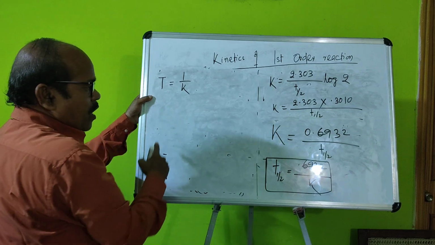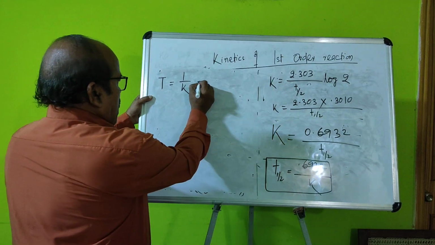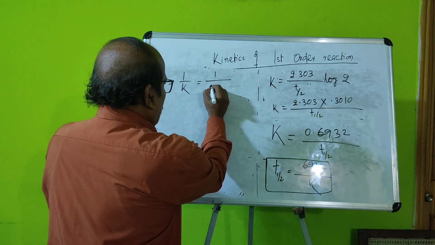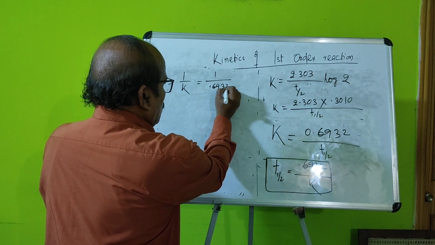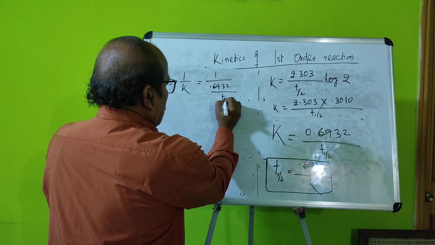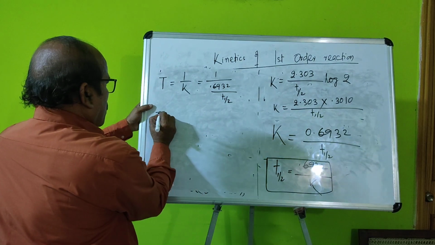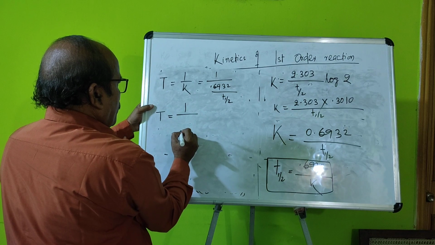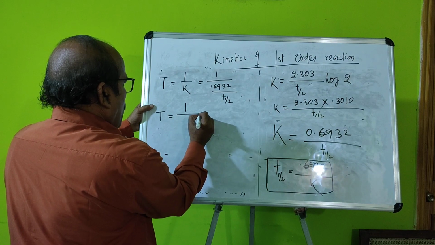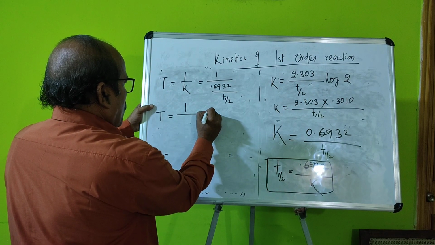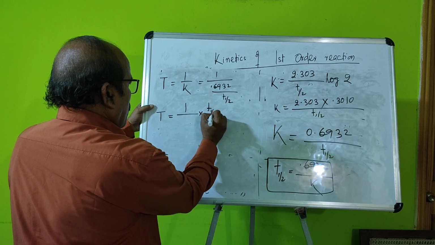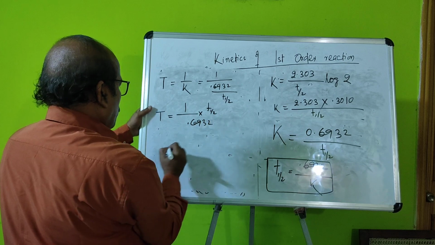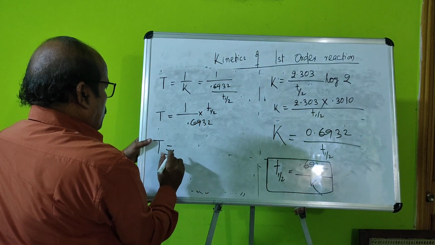So that is equal to 1 by, in place of k, I shall write 0.6932 by T half, or t is equal to 1 into T half by 0.6932.